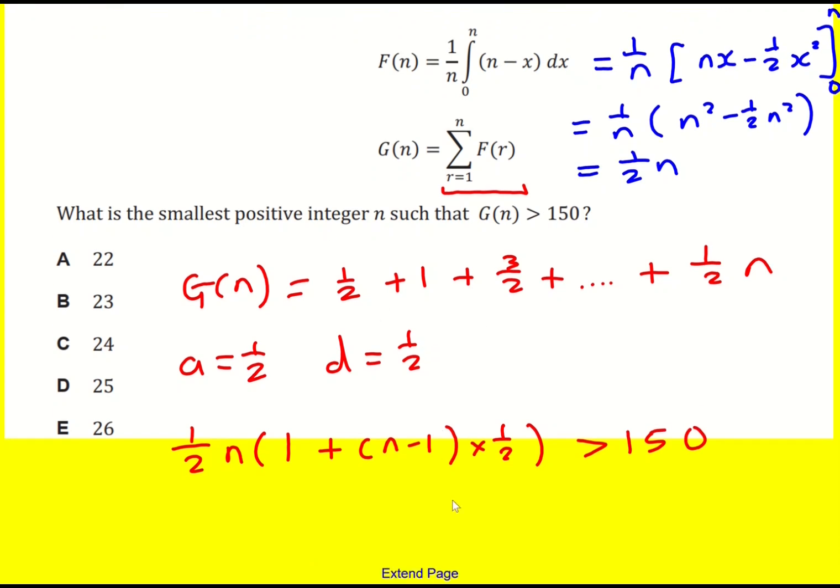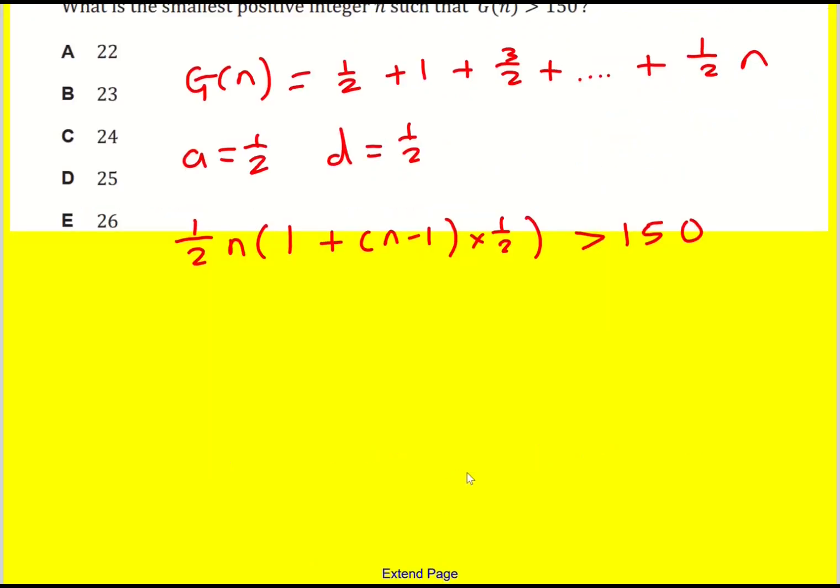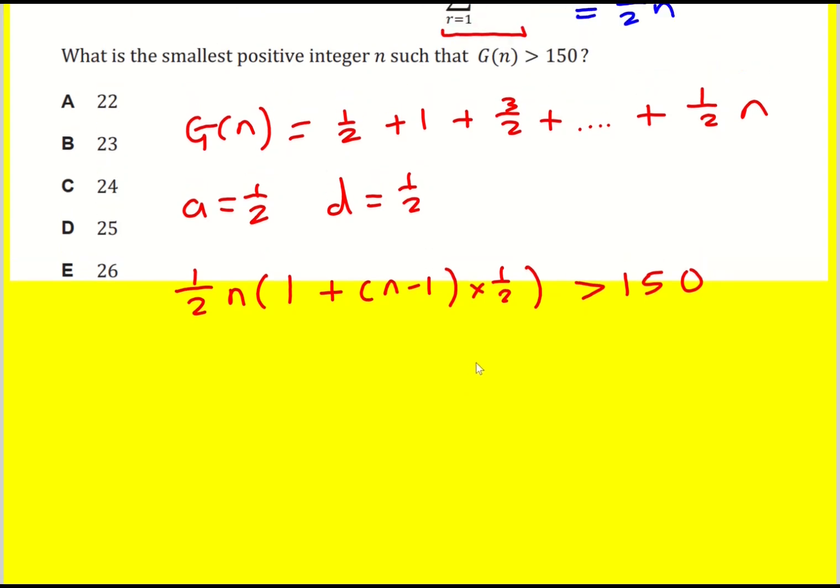Normally, if I was doing this with a calculator, I'd set it equal to 150, solve it, and then find the next term. But here, non-calculator, let's put the inequality in. I'm going to times through by 2 and expand the bracket, I think. So I will get... No, I'm not going to expand the bracket yet, actually. That'll be greater than 300.